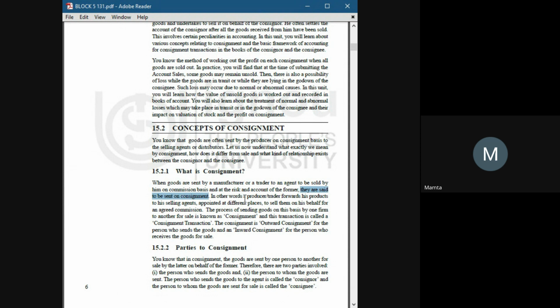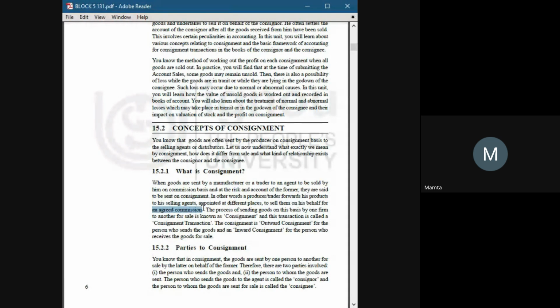In other words, a producer or trader forwards his product to his selling agent appointed at different places to sell them on his behalf for an agreed commission. What does an agent get against selling your goods? They are getting commission out of it. You say to them, please sell my goods for rupees 1 lakh.